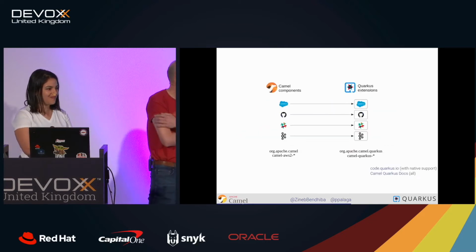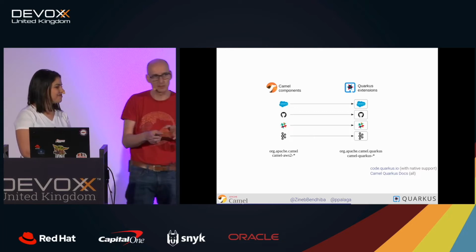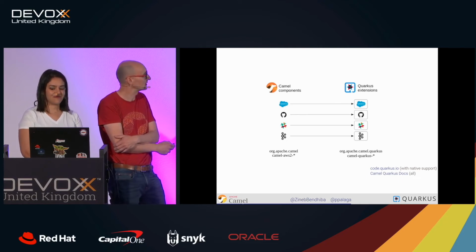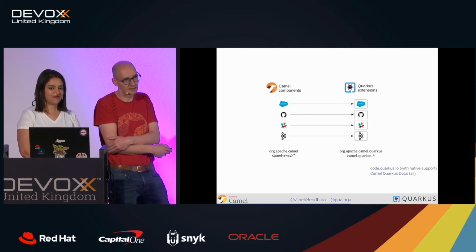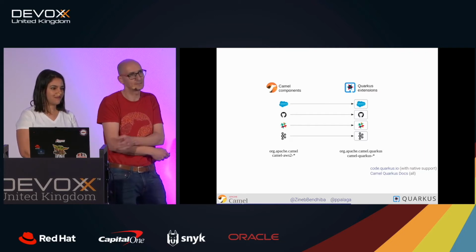Now let's speak about the relationship between Camel and Quarkus, right? To be able to run these Camel components, or to use the Camel connectors on Quarkus, they have to be packaged in a special way for Quarkus.